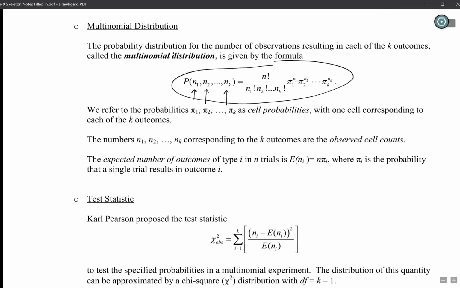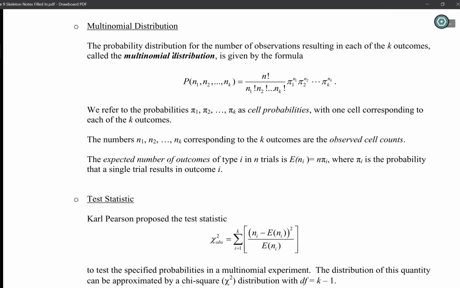Really this is a generalization of the binomial probability function, where in the binomial setting we just have basically an N1 and N2, and we can write everything in terms of number of successes. If you re-represented this formula in that way, you would see that it is just a generalization of the binomial distribution.